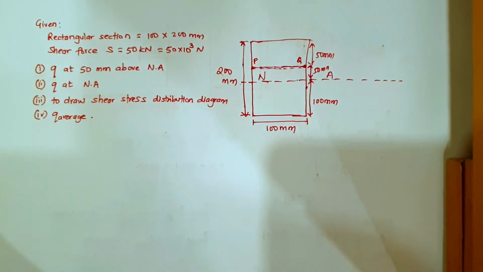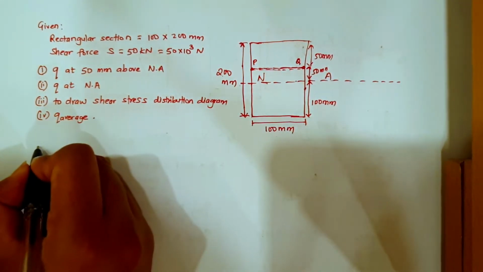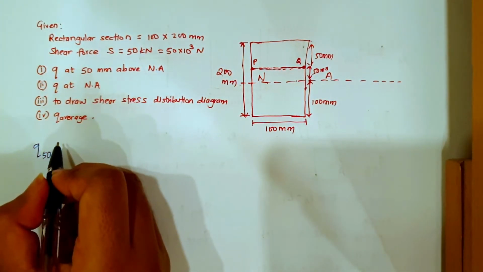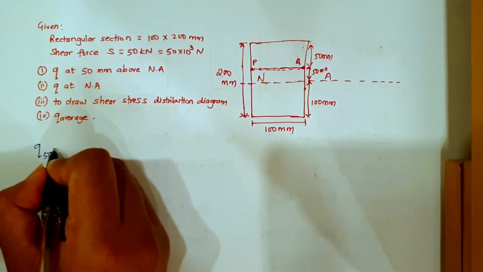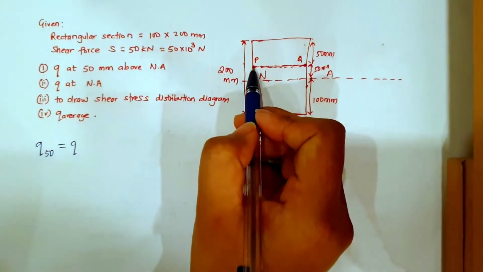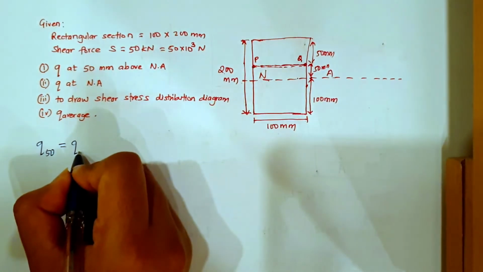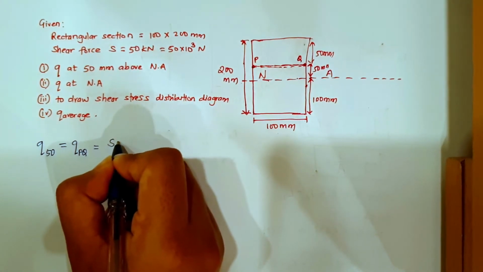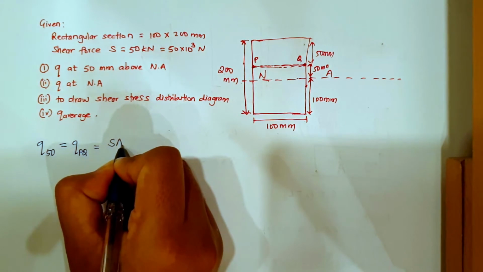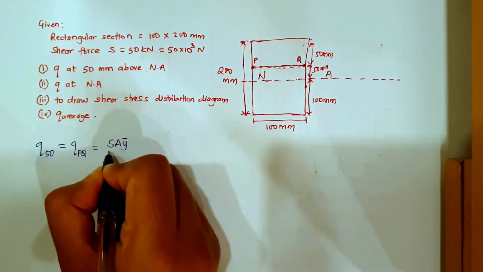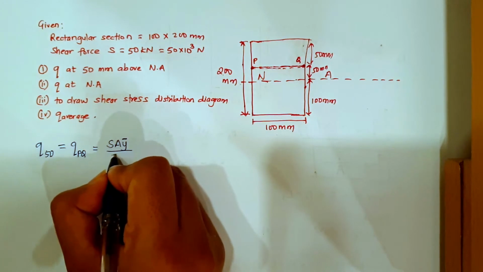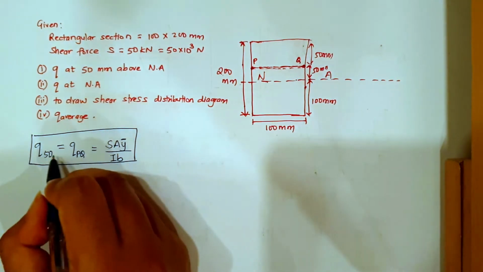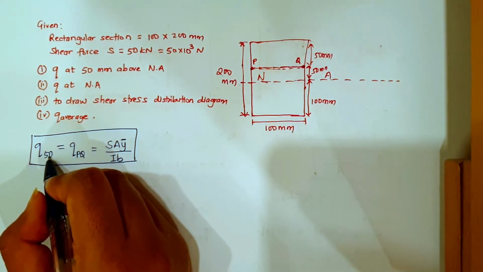So how will we find? It will be equal to shear stress at 50 mm above the neutral axis, which can also be written as shear stress at PQ, as I have named this line PQ. It will be equal to the formula: shear force into area into y bar divided by I into B. This is a general formula, but right now I'm particularly finding it at 50 mm above the neutral axis.